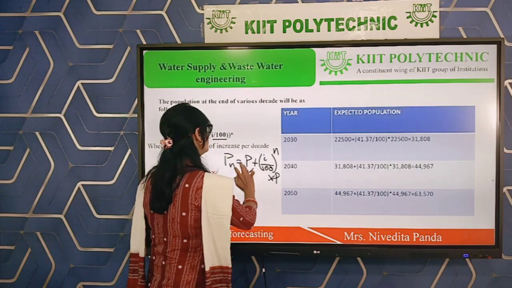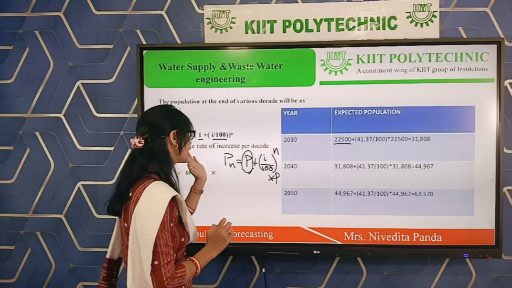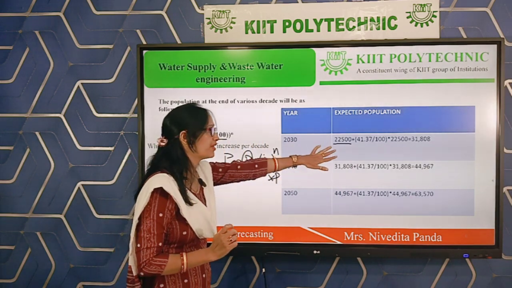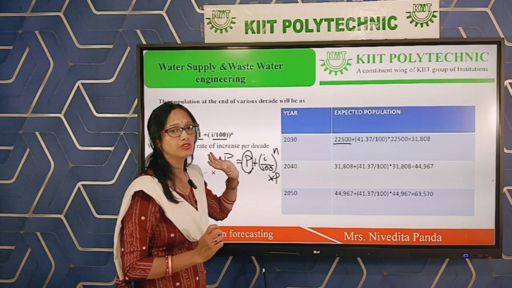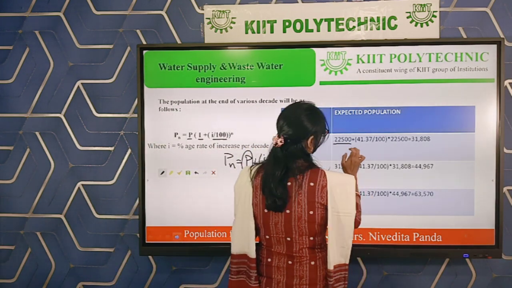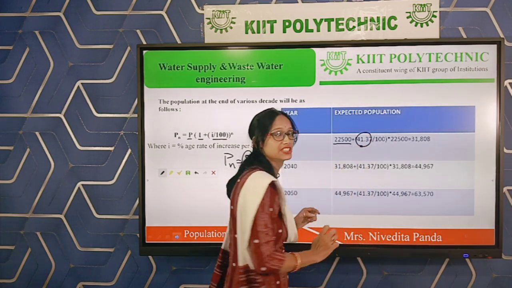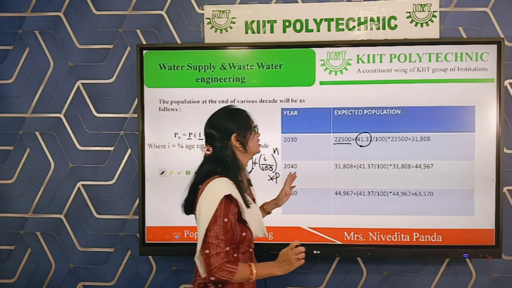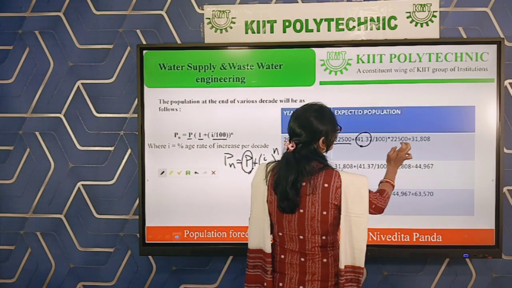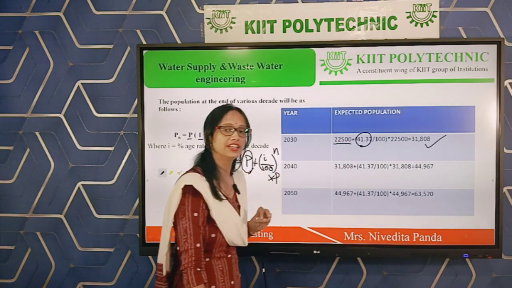I have already told you this P value is 22,500, because we always take the previous value. For the present value, we can know how the value will change in 2030. So 22,500 plus 41.37, the average percentage increase in population, divided by 100 into 22,500, and the value we get is 31,808.